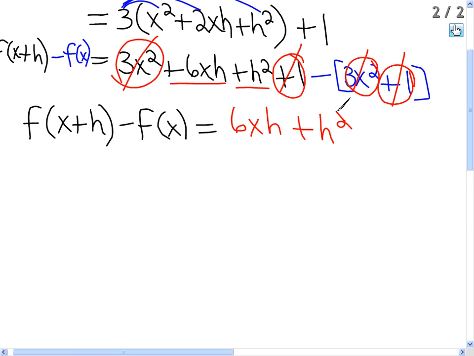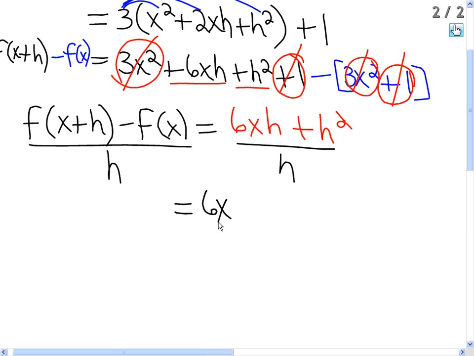Now remember, in the difference quotient, in that slope equation, we were dividing this by h. So if I divide this by h, of course I'm taking each one of these terms and taking away an h. So in that first term, I'm left with 6x, because I'm taking away one of them h's. Plus, if I have h squared, take away one of the h's, I'm left with just h.